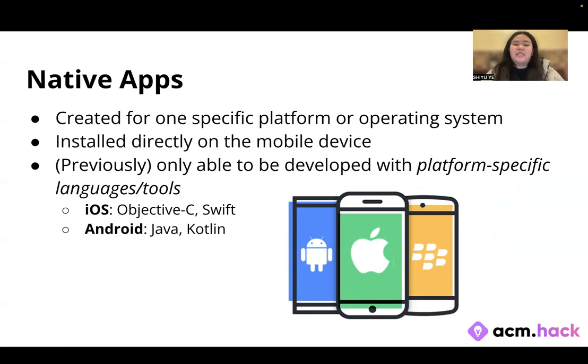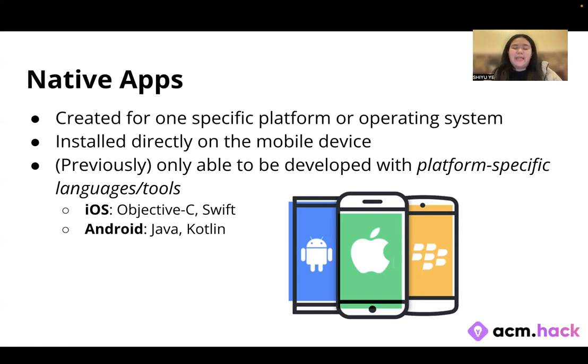So they can be installed directly on the mobile device. If you're using an iPhone, you can just go to your app store and install those apps. And if you're using Android, you'll probably go to some similar store like Google Play. I'm not 100% sure, but there is a built-in store for app installation.